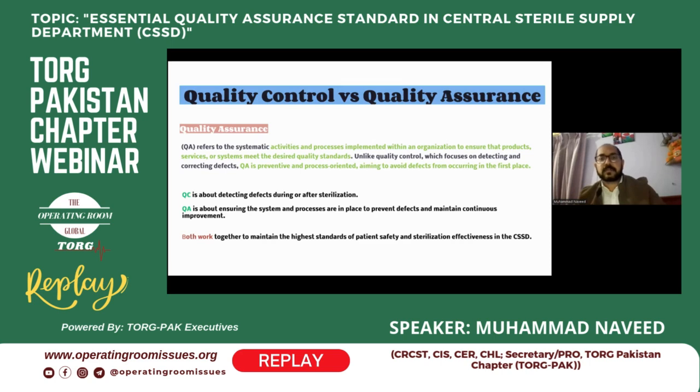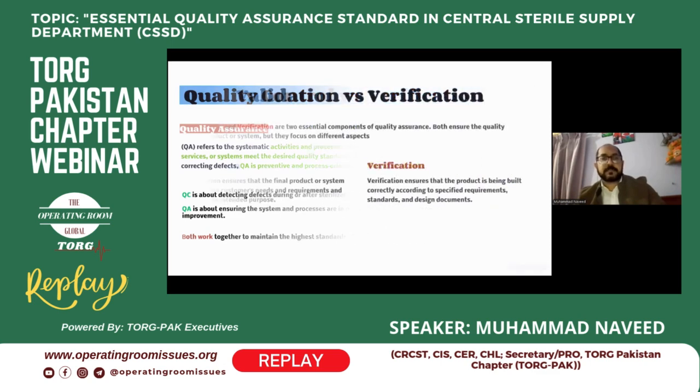When we are doing reprocessing, to maintain consistency in the process, we use the quality assurance standard. Quality assurance standards tell us about the indicators, the standards and SOPs: how can we maintain continuous improvement and consistency, and how can we run the process consistently? Both work together to maintain the highest standard of patient safety and sterilization effectiveness in the CSSD.